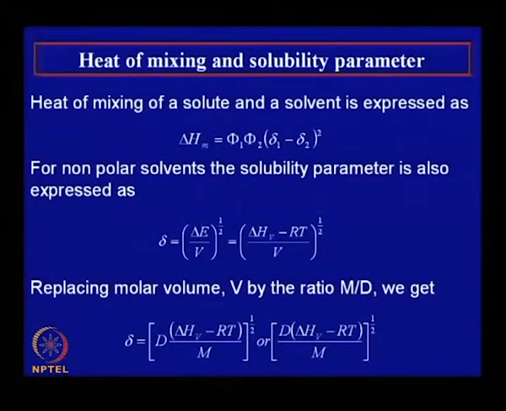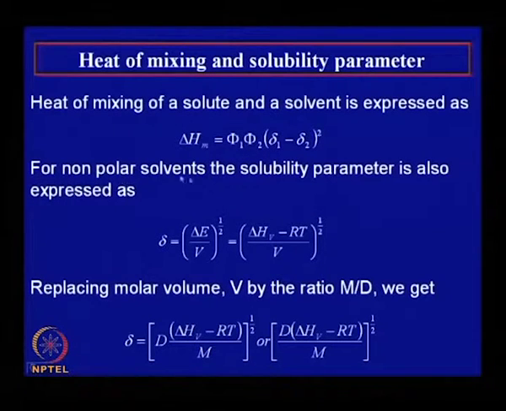If you consider 1 as the solute and 2 as the solvent, these are the volume fractions. And delta 1 and delta 2 are the solubility parameters of the two components, solute and solvent. This can be two polymers also, polymer 1 and polymer 2.